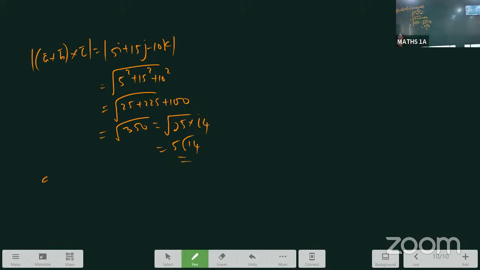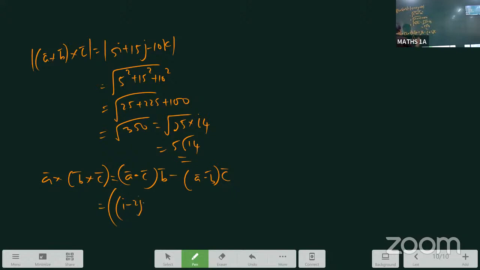Next, what is asked? (a bar cross b bar) cross c bar, which is nothing but, what is the definition? Just now I said (a bar dot c bar) into b bar minus (a bar dot b bar) into c bar. Is it clear? Again, same approach. What is a? i minus 2j plus 3k dot product with c bar, i plus j plus 2k, into b bar.